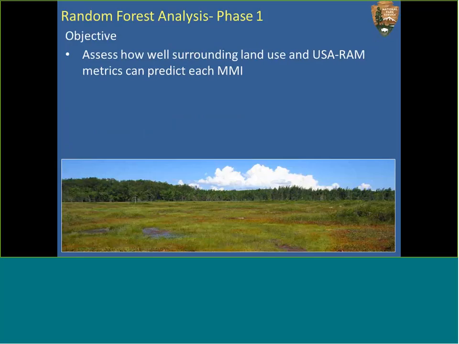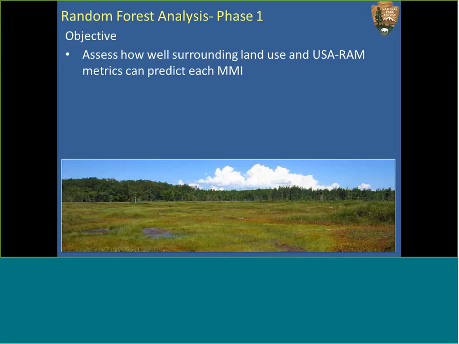Random forest is a machine learning method for modeling and predicting data. It's a form of nonlinear regression that generates many regression trees, which is why it's called random forest, using bootstrapped subsets of the data set to come up with an average model to make predictions with. Random forest has a lot of benefits over more common approaches like generalized linear models or analysis of variance.